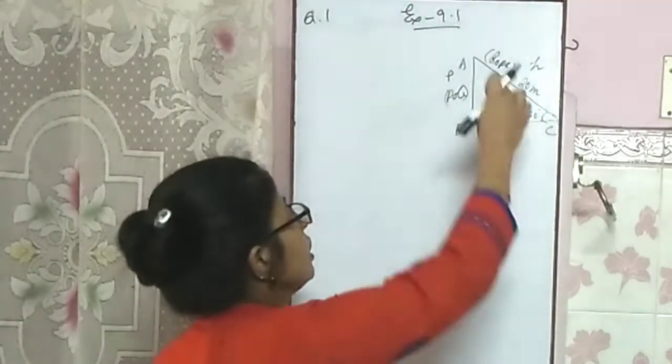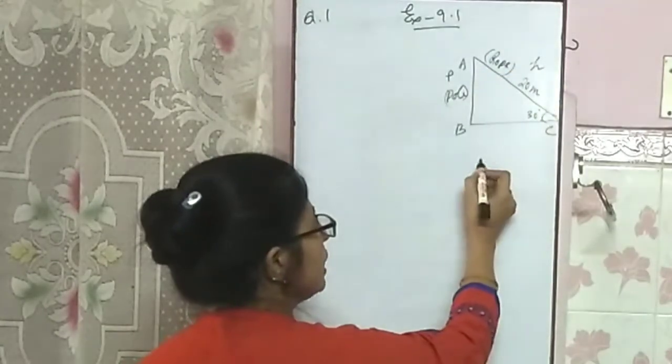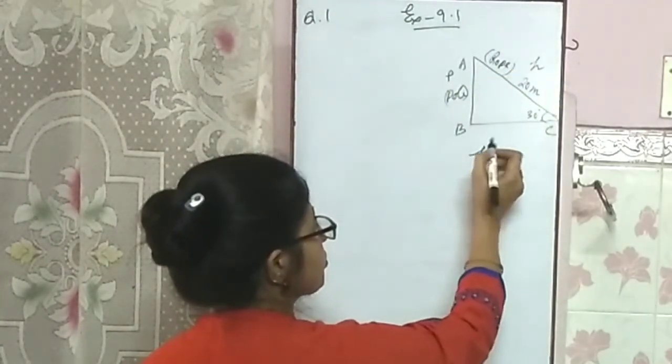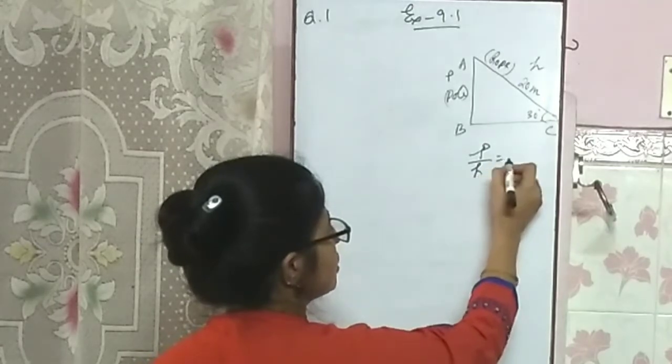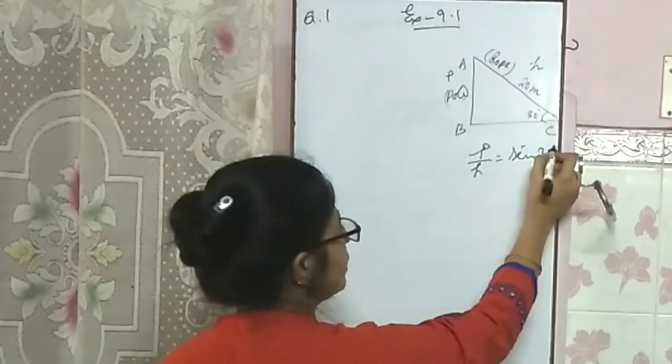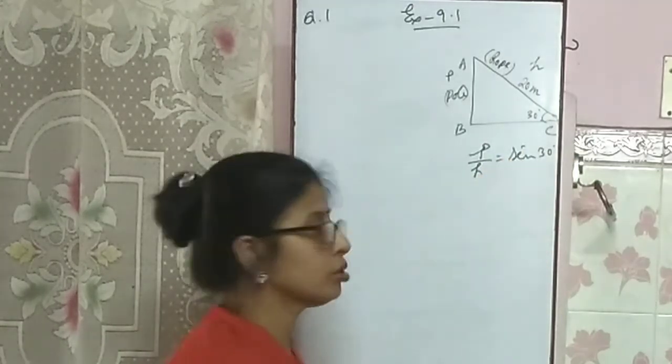Now P and H have a relation: P by H is equal to sine 30 degrees. It has another relation also.